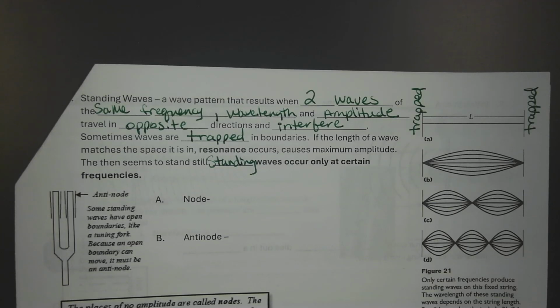Have you seen anything like this maybe on a musical instrument? We call that a guitar string. How about that? The guitar string is trapped here, and you pluck the guitar string, and you pluck it again, and every single time it's going to form what we call nodes and antinodes.